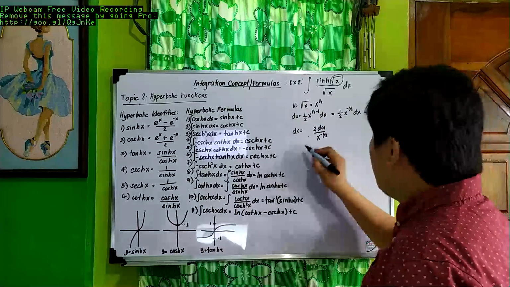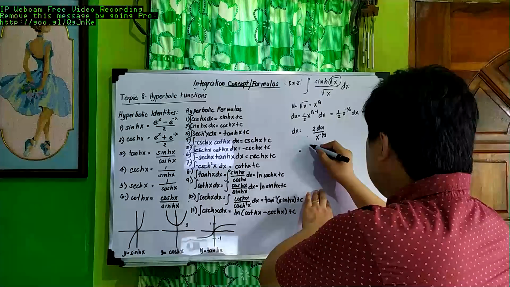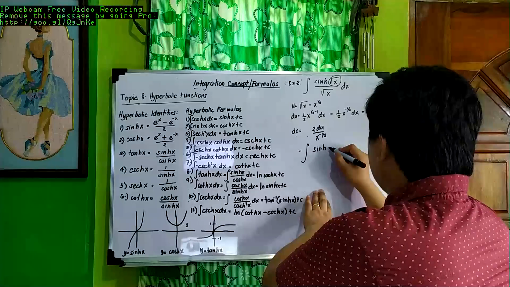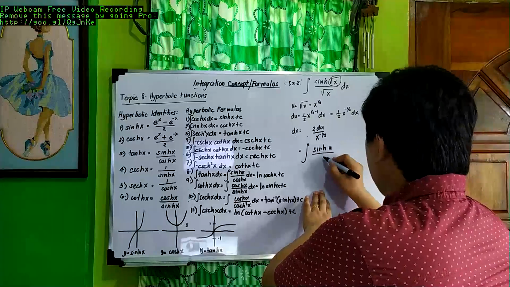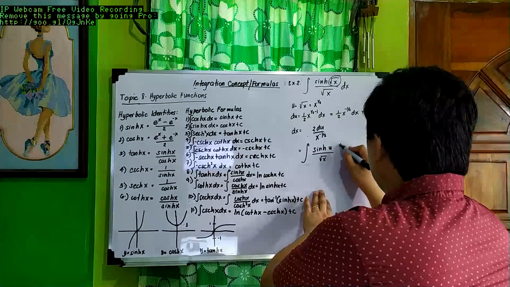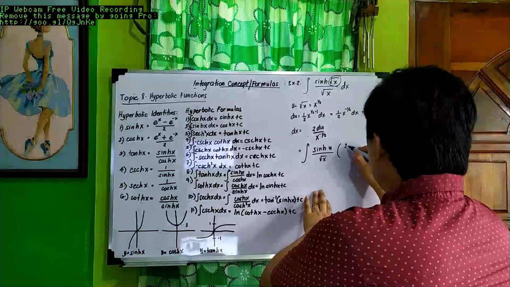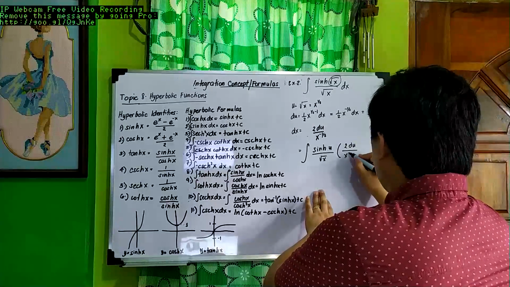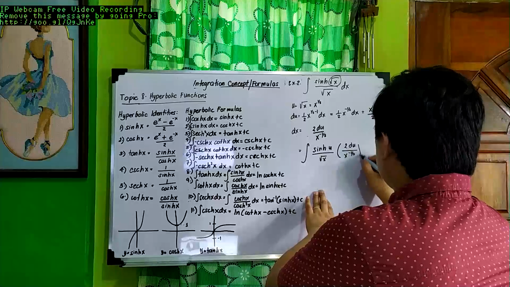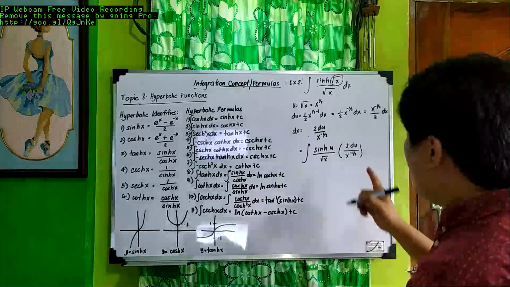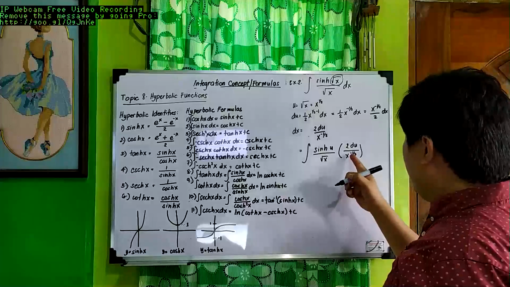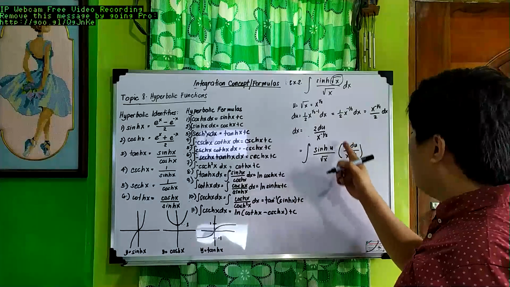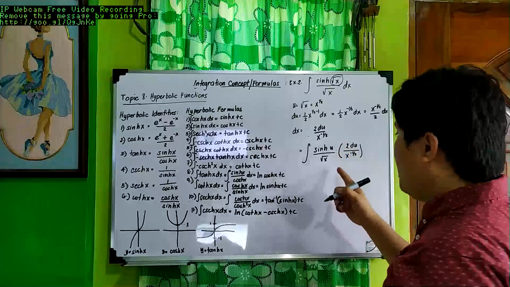We need to substitute into the given. We have the integral of sine hyperbolic, that is our u, over square root of x multiplied by 2 du over x to the power of negative 1 half. We know that if this is negative, we could transpose it above and the sign will be changed.